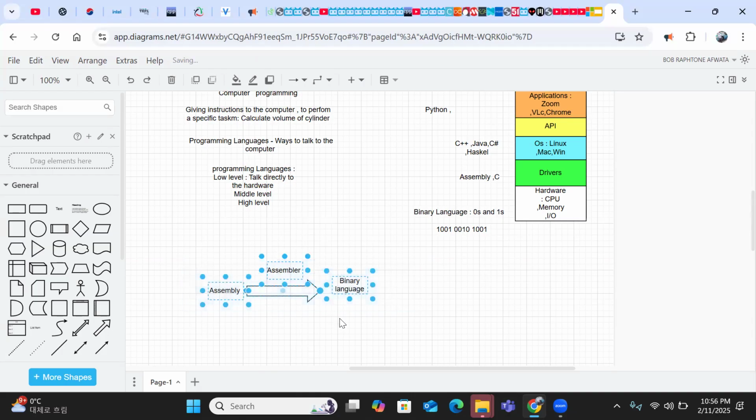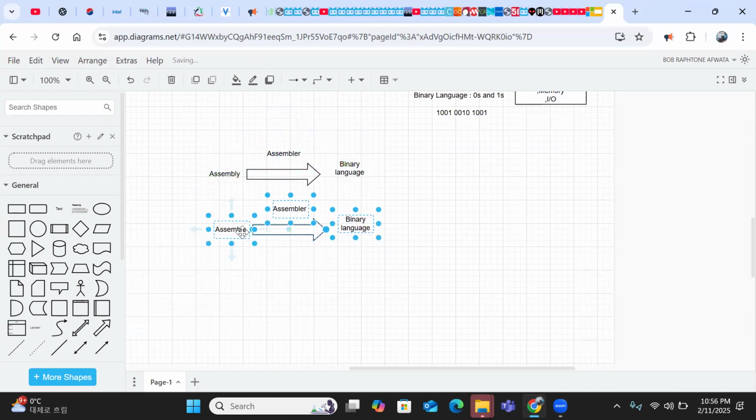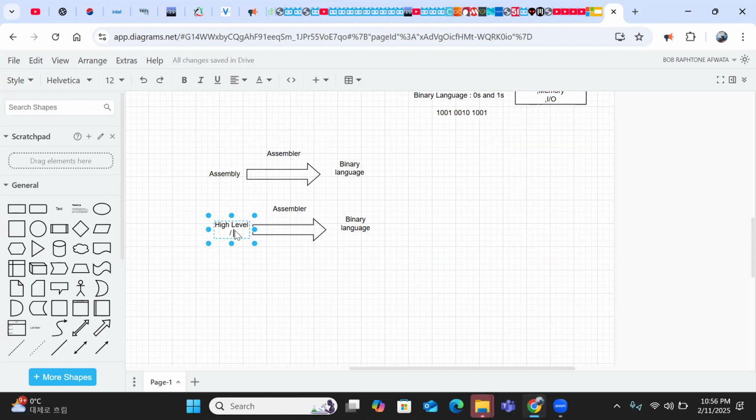Okay. Then similarly, we have what is called high level code or mid high level, or you'll hear them called compiled languages.